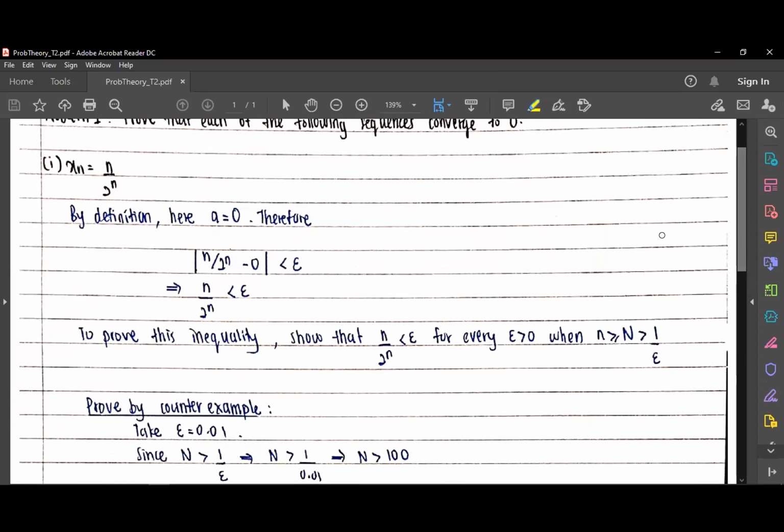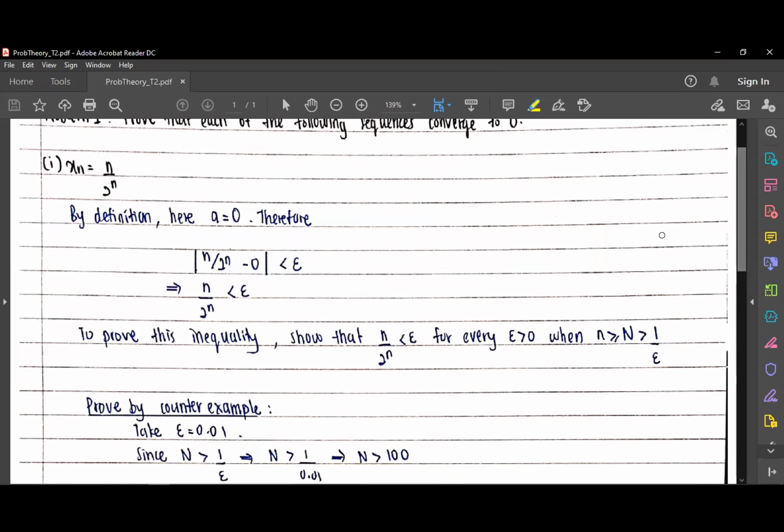Therefore, by definition, it is bounded by this inequality. To prove this inequality, I must show that this sequence is really less than the bounded epsilon for every value of epsilon greater than 0 when n is greater or equal to the threshold n, and the threshold n is greater than 1 over epsilon.